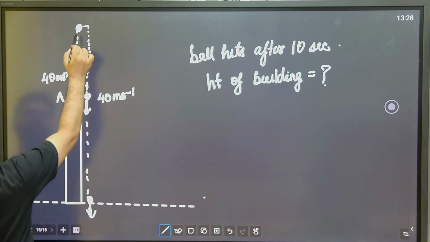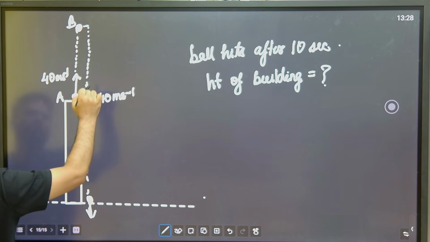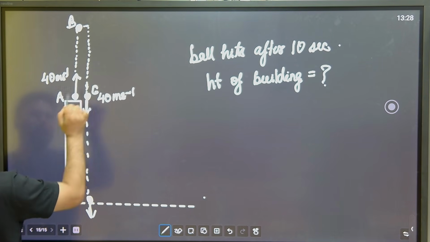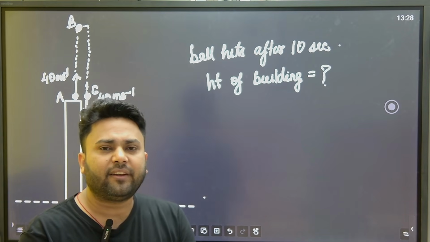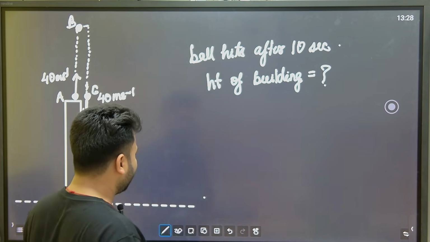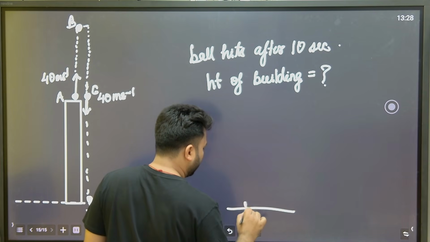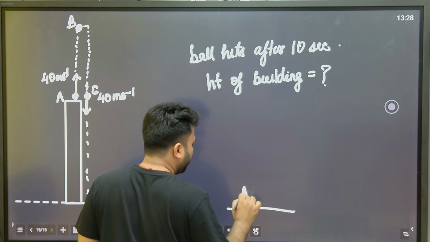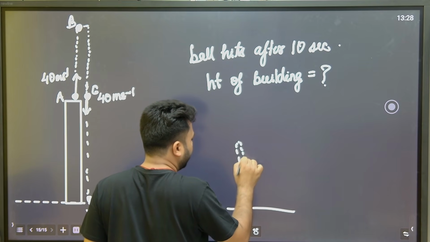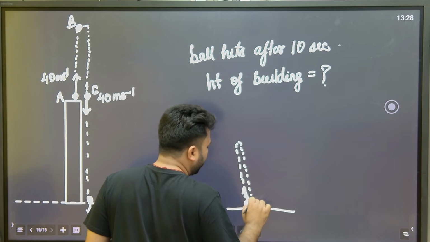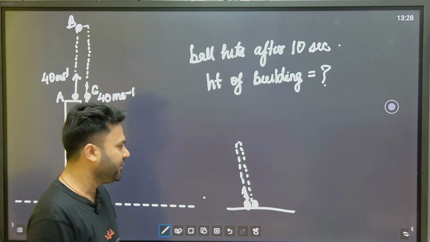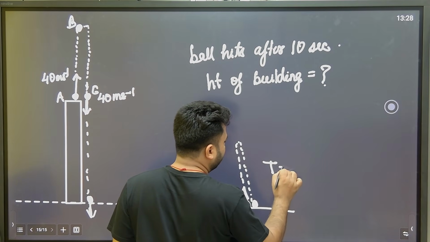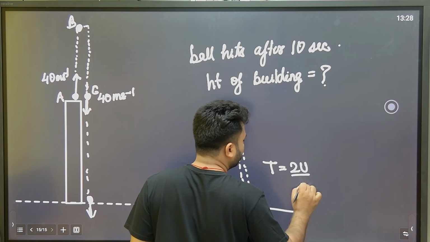So from A to B and B to C, how much time must the ball have taken? It is just like when you are throwing any ball, it is going up and it is coming to the same level. How much time? Time of flight, that is 2u by g.